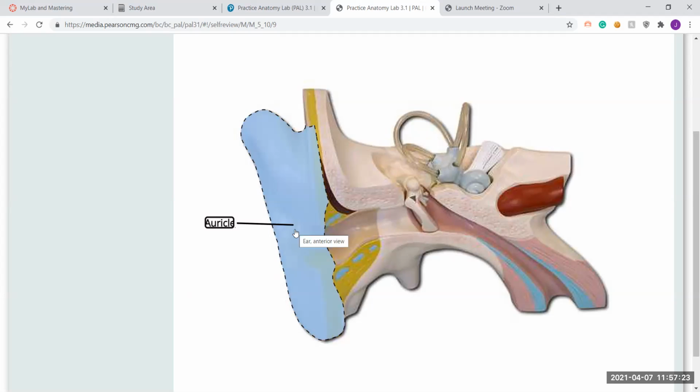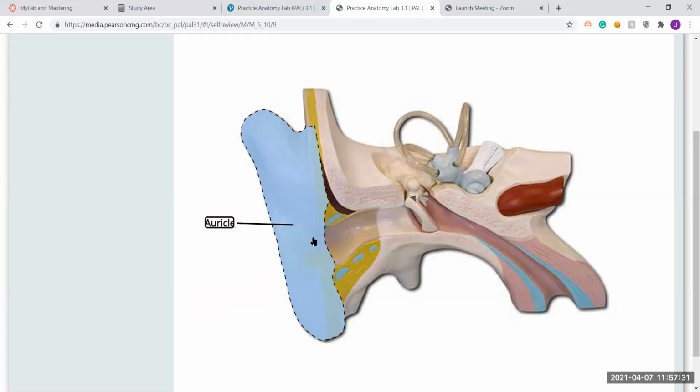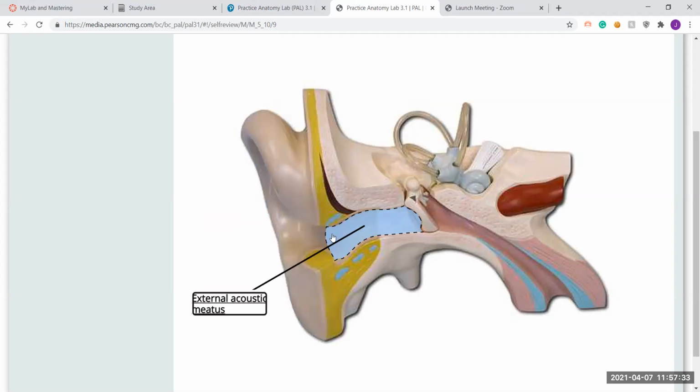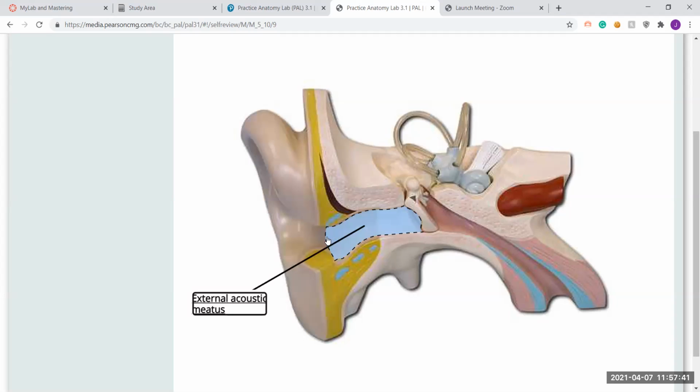Okay, so the external ear has the auricle, then you have the external acoustic meatus. This external acoustic meatus is also lined by the same skin layer, stratified squamous. So whatever infection you can get in the outside ear, you can get into this external acoustic opening or meatus.